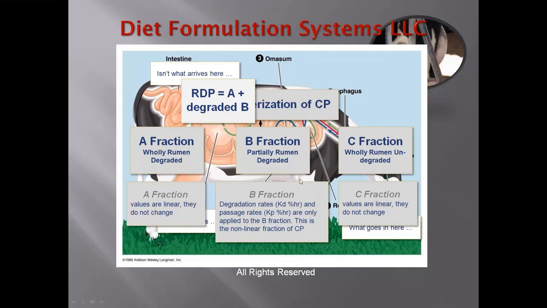RDP consists of the A fraction, what's wholly degraded in the rumen, and the degraded portion of the B fraction. RDP equals A plus the degraded portion of B. RUP equals the undegraded portion of the B fraction plus the C fraction.